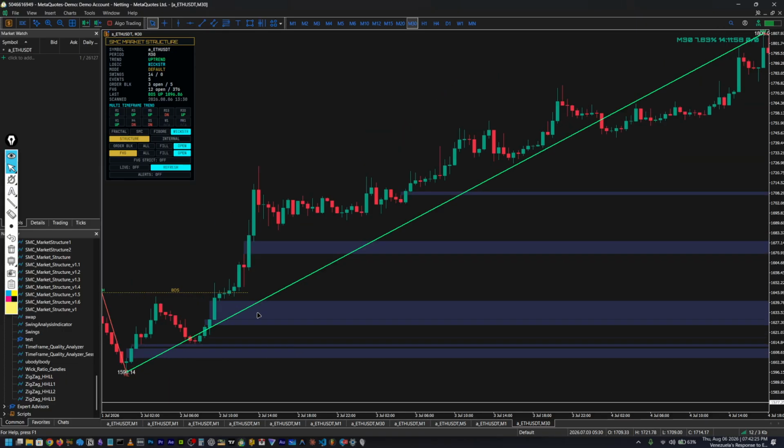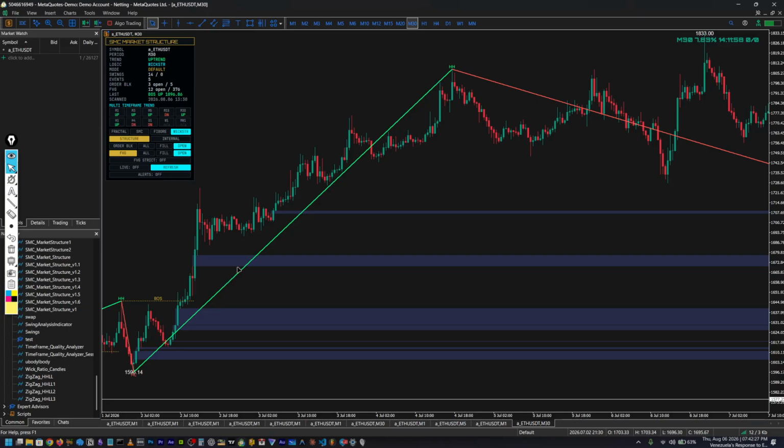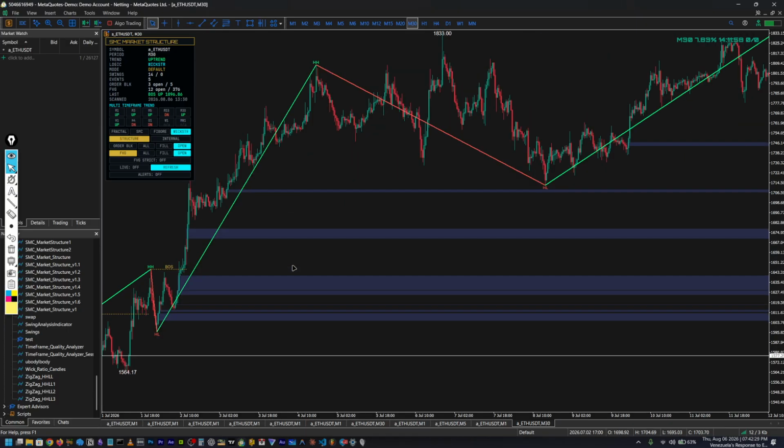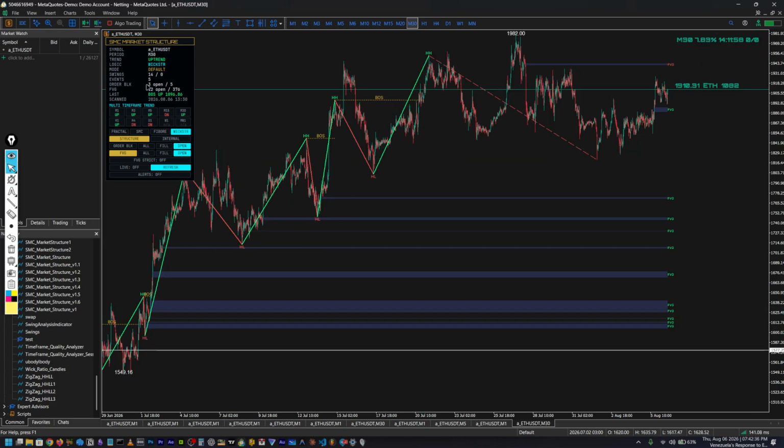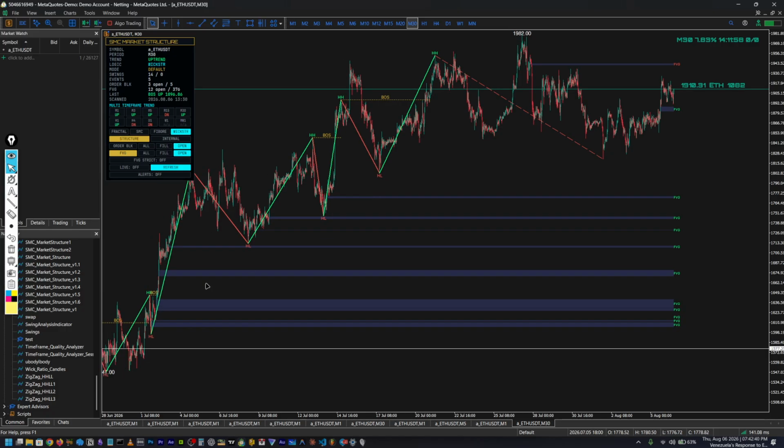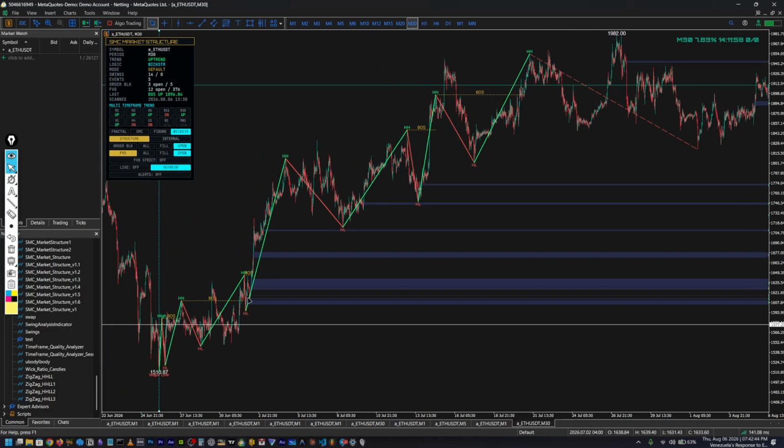This information is going to be very helpful for those who use SMC or ICT, by using this software and my market structure algorithm. This algorithm is not available anywhere at this moment because it's my own research. It's not taken from any books or courses.